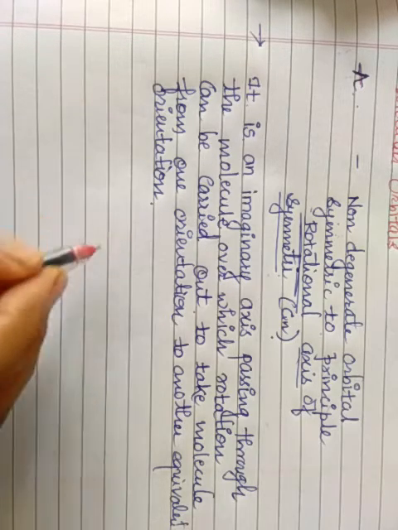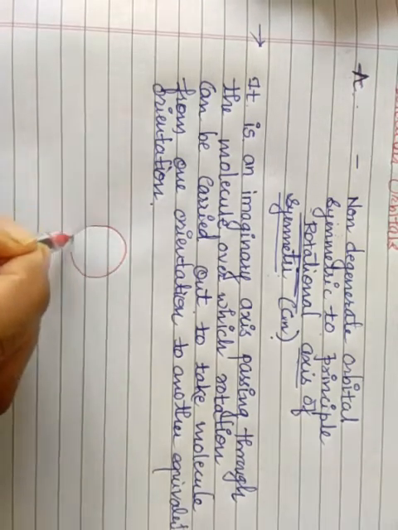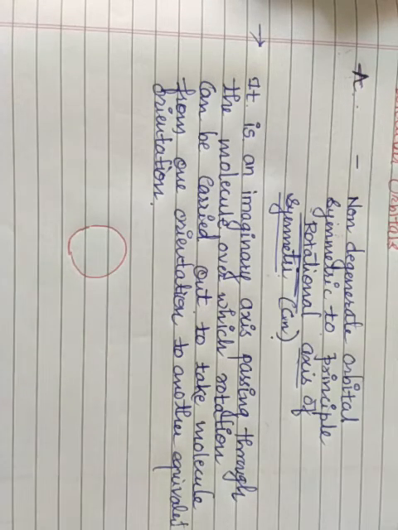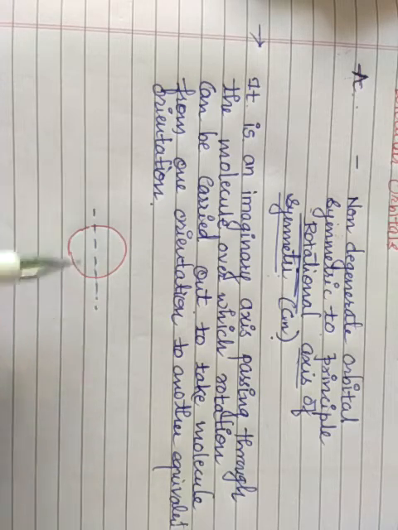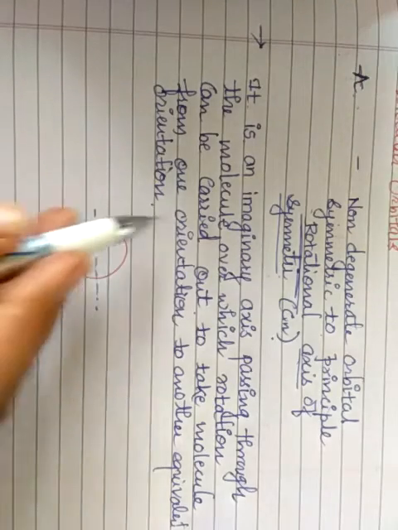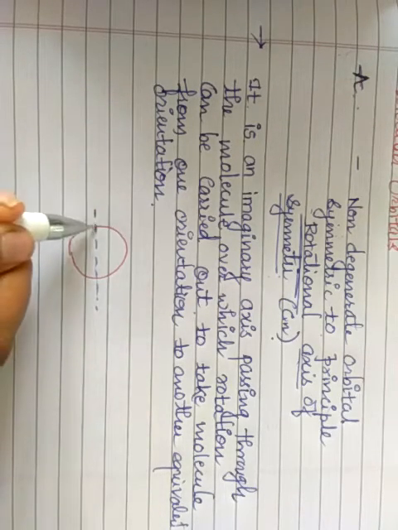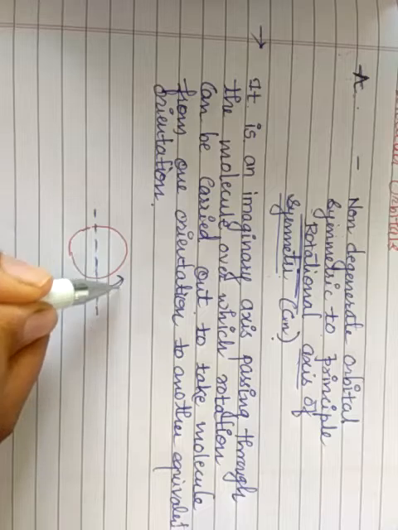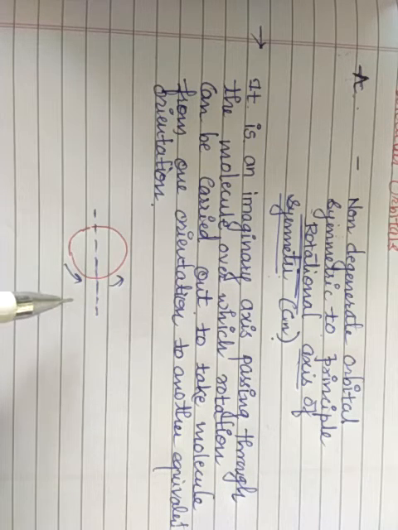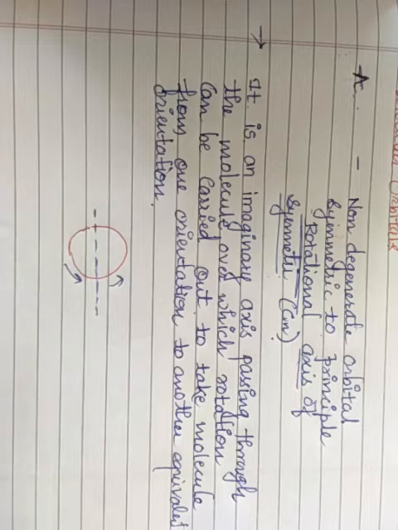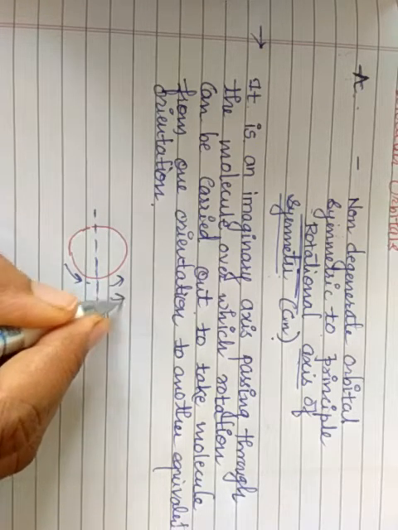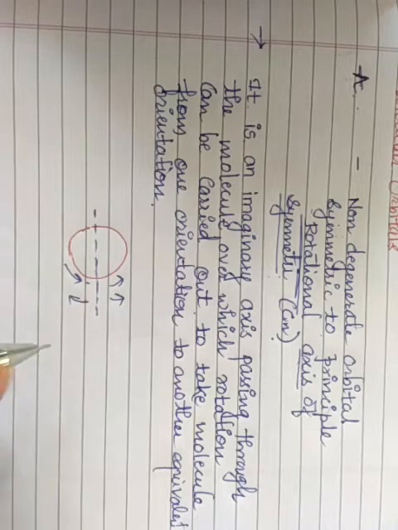Consider this is one of our molecules, and an imaginary axis is passed through it, over which rotation can be carried out to take the molecule from one orientation to another equivalent orientation. The rotation may be in this direction or this direction, it doesn't matter, but an equivalent position can be reached.